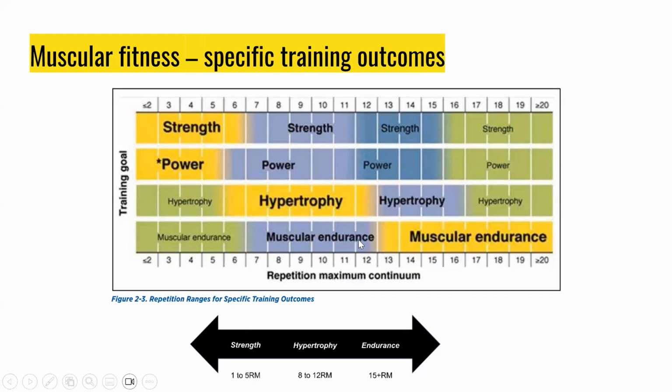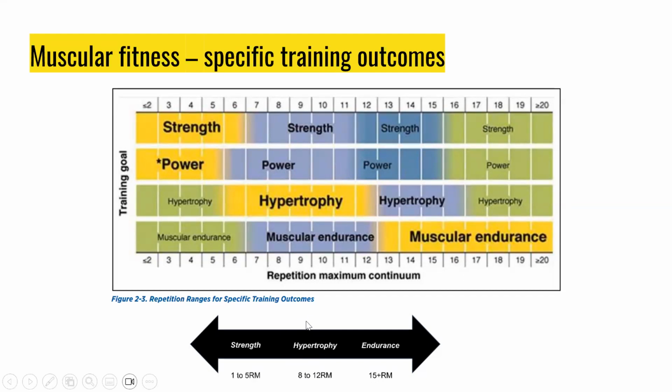Now we have here in the middle, there's a spectrum for hypertrophy training. The literature used to suggest that you could achieve hypertrophy within this rep range, 8 to 12 repetitions max at a moderate weight.